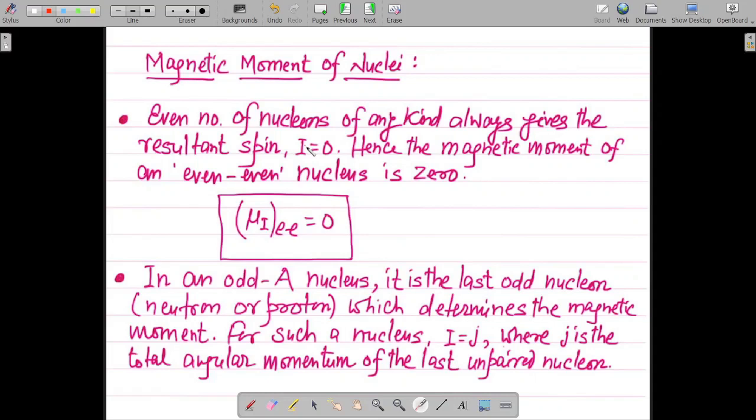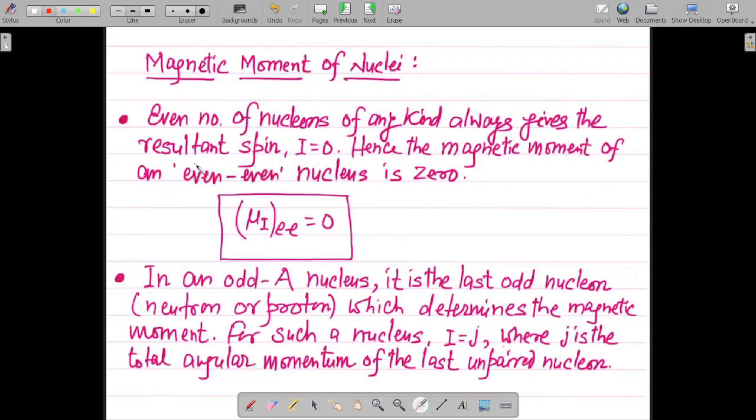Hence the magnetic moment of an even nucleus, as the resultant spin is 0, has been found experimentally to be 0 for a nucleus which has an even number of protons and an even number of neutrons.